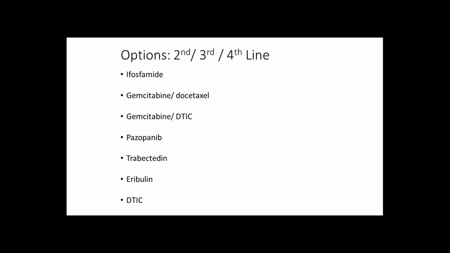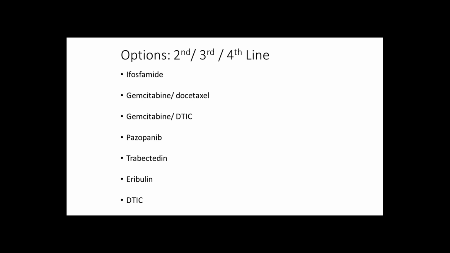And again, in the context of the approval of Olaratumab based on the randomized phase 2 trial, it's important to highlight that there are an increasing number of options available to treat metastatic soft tissue sarcoma. We can always fall back on ifosfamide.